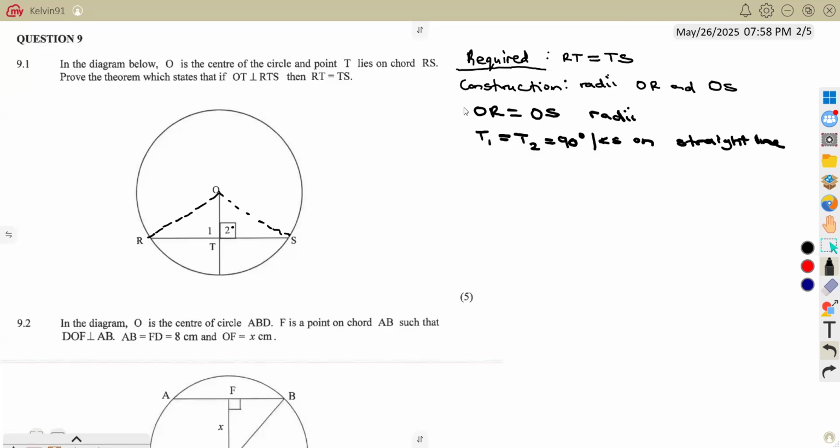Then, if you check, we can say OT is equal to OT. We are considering this triangle and this triangle, it's a common side.